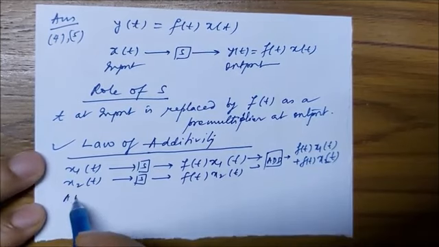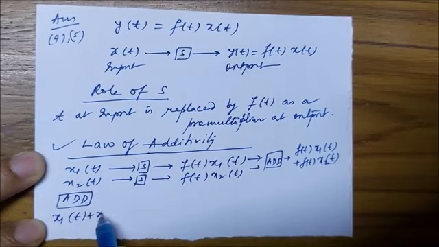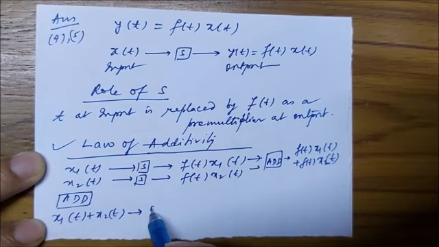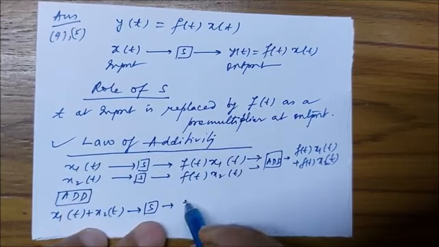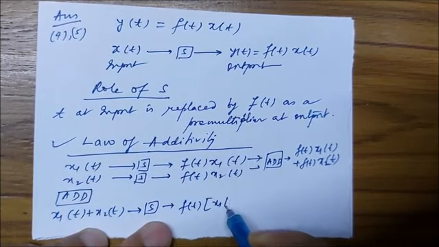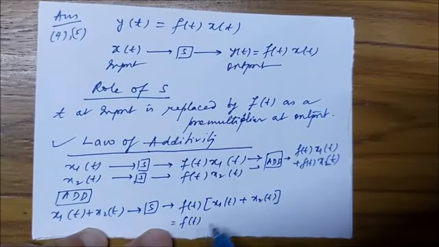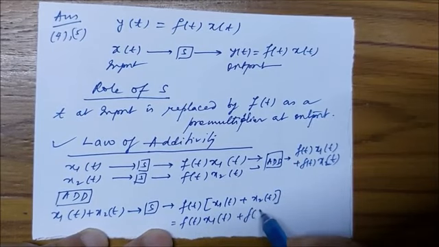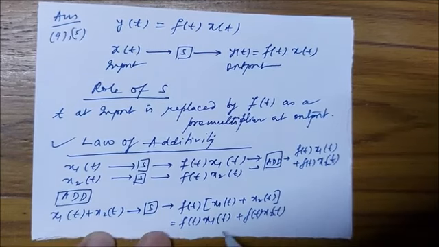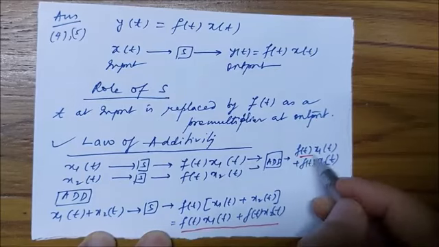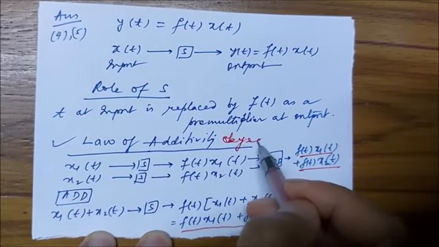And if we add x1 and x2, what we get is, and when passed through the system again, replace t by f of t as a pre-multiplier, and we note that these two results are same, which means law of additivity is obeyed.